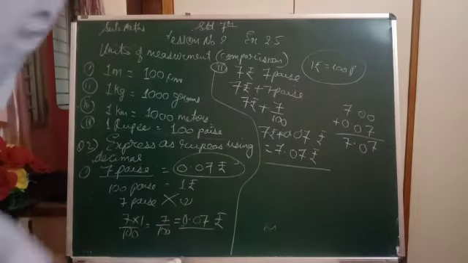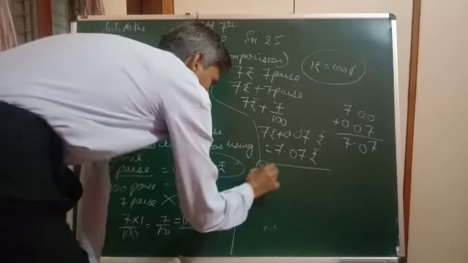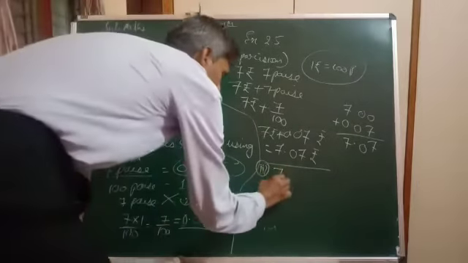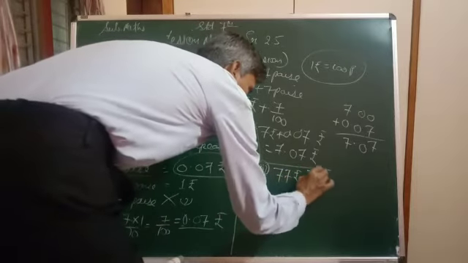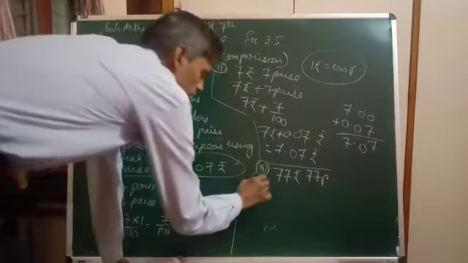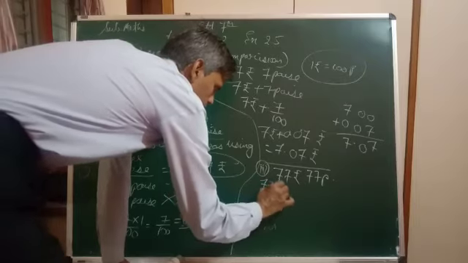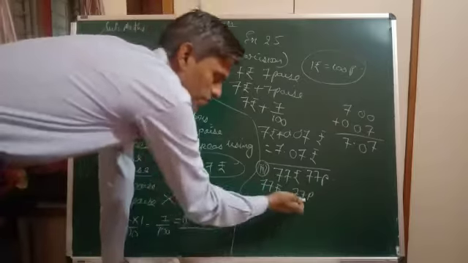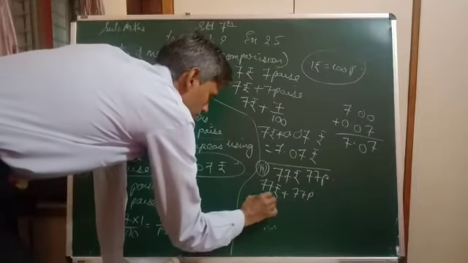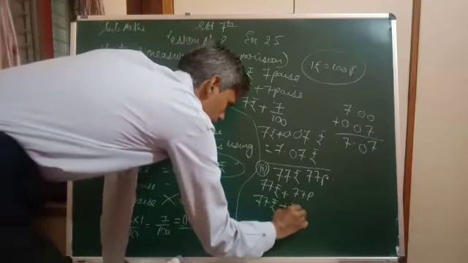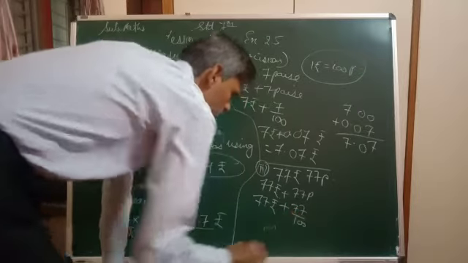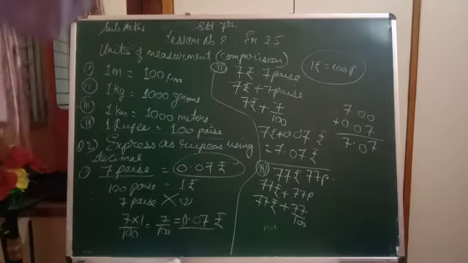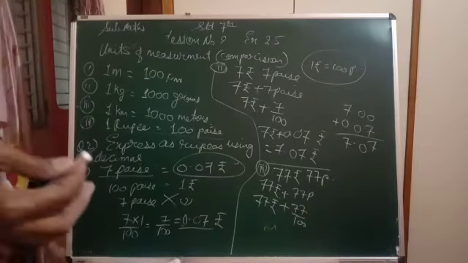Next one is again one more sum, that is the third sum. What is it? 77 rupees and 77 paisa. Again, what you have to do? 77 rupees plus 77 paisa. These units are not the same, so you have to convert the paisa into rupees. So 77 rupees plus 77 upon 100, because we know that 1 rupee is equal to 100 paisa. Whenever paisa is converted into rupees, we have to divide it by 100.